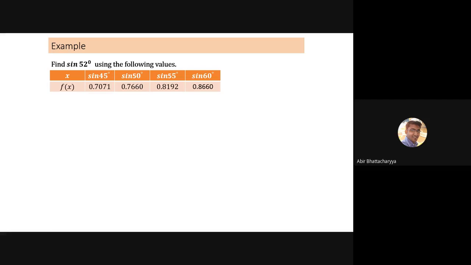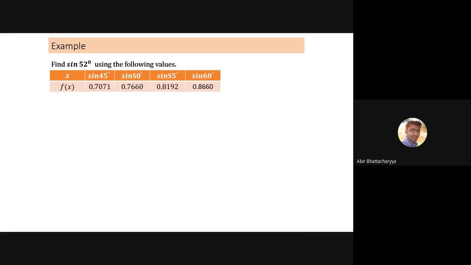We have discussed interpolation and one of the premium methods of interpolation, Newton's forward difference interpolation. Newton's forward interpolation is the method especially applied for equally spaced data.